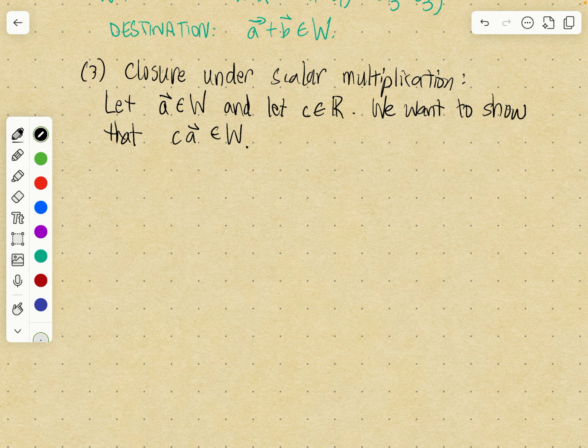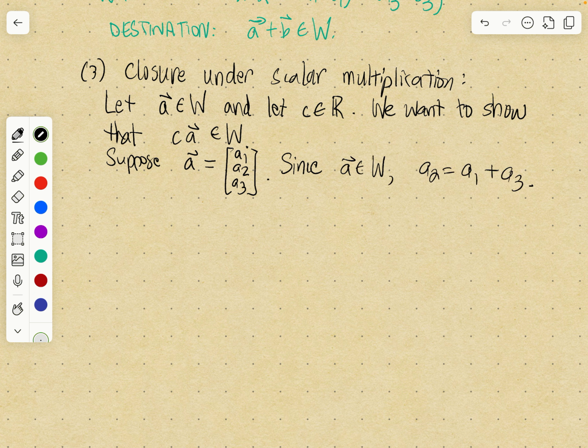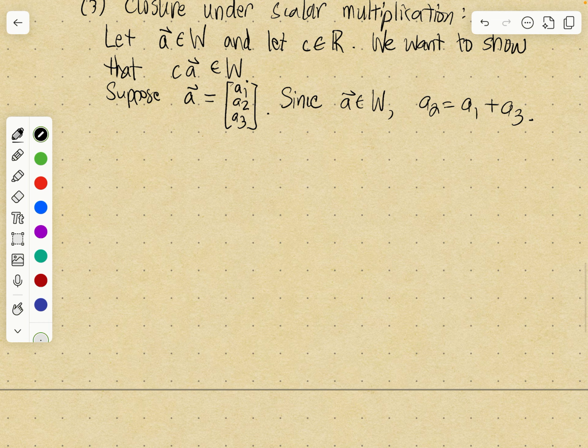And so we're given that A is in W, so suppose that A has components A1, A2, A3, and I write that by saying that suppose that A is (A1, A2, A3). So since A is in W, A2 is A1 plus A3. And again, we can just do scratch work just to explain how our proof is going to go.